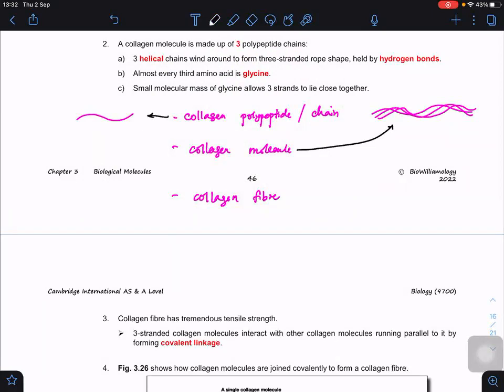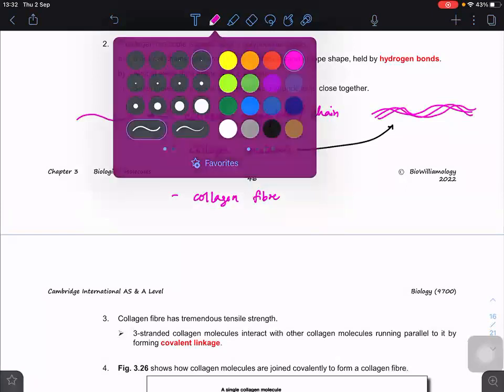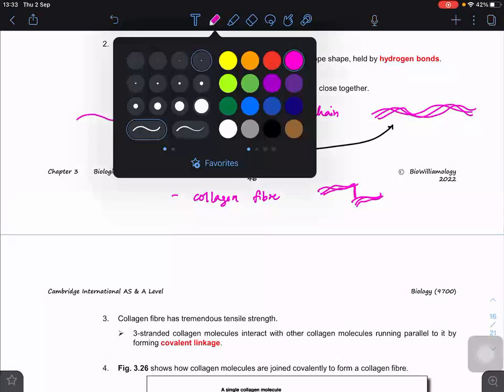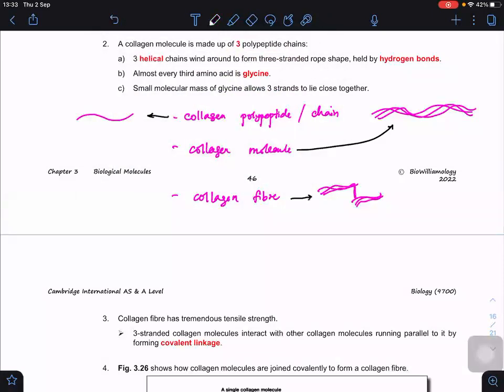And collagen molecules join together to form collagen fiber. Are you clear? Can you differentiate collagen polypeptides, collagen molecules, and collagen fiber? If you understand these three, then we can continue now.